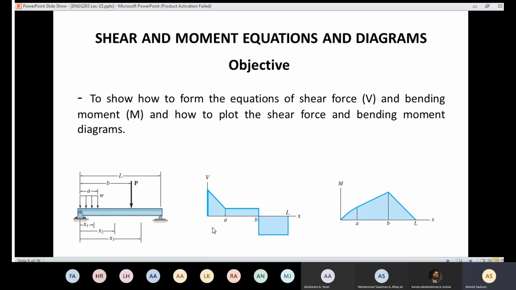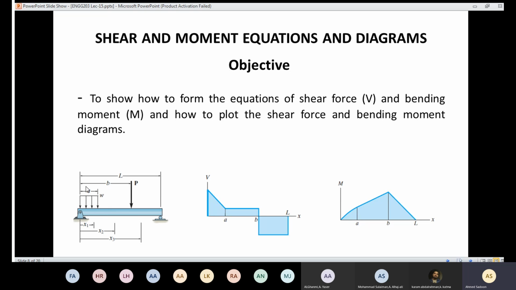So the objective of this lecture is to show how to form the equations of the shear and the bending moment. Those equations are going to be a function of x. And then we need to learn how to plot the shear and the bending diagram. So here we have a beam. We are going to make sections according to an arbitrary, random value.